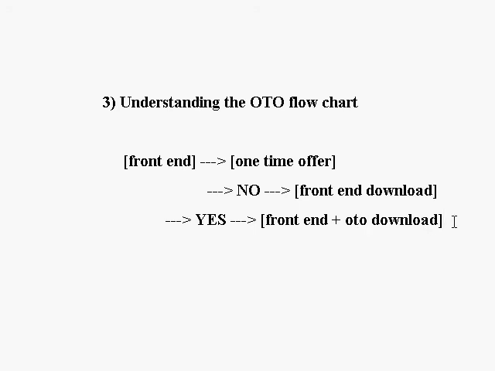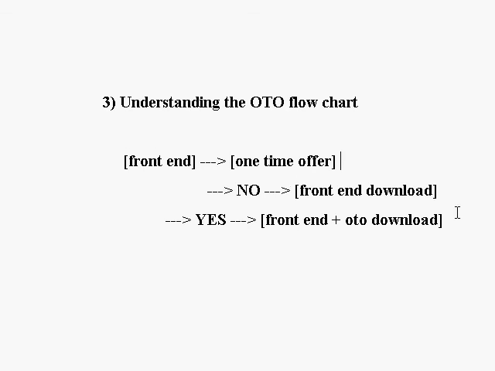Now it can get trickier depending on how you automate this process. Some people use Aweber or other autoresponders to automate this process. If you did that, you would see the front end and the one-time offer, but before the one-time offer, you'd probably have something like an Aweber so that if they said no, they would be sent an email with just the front end download and things like that.